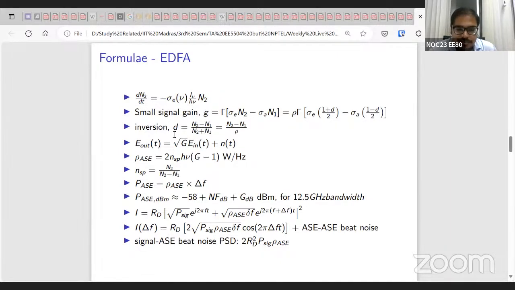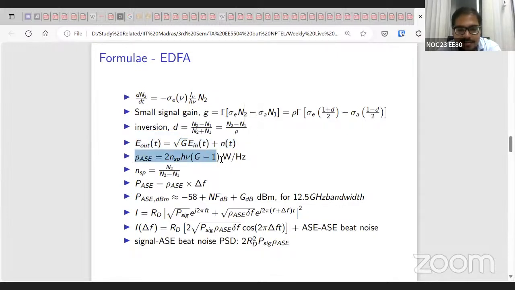But we try to simplify using this inversion D. So using this, the small signal gain simplifies to this expression. Maybe can turn out useful sometime later. Then E out, and this is the basic understanding of what is happening because of the optical amplification.